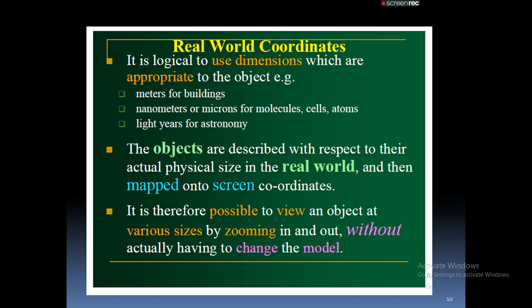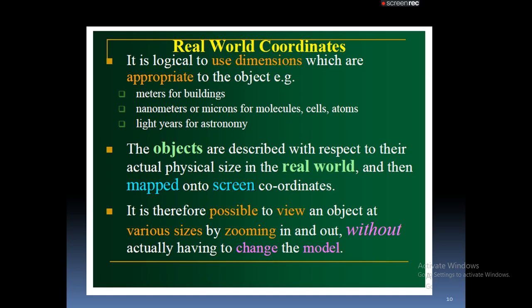After creating the object, when you want to view it, you can view that object in various sizes by zooming in and zooming out without actually having to change the model. What we are discussing in this slide is that once the model is ready, you can view the object in various sizes without changing its position. It is possible because we are using a synthetic camera.